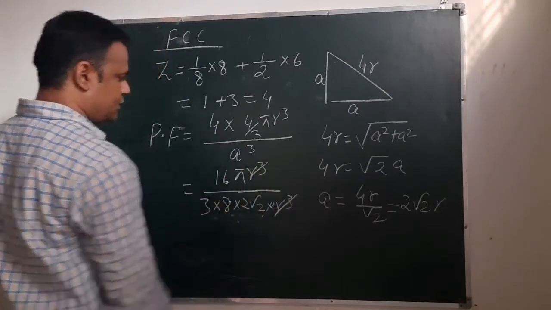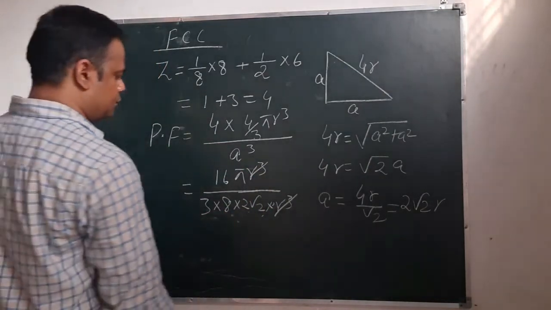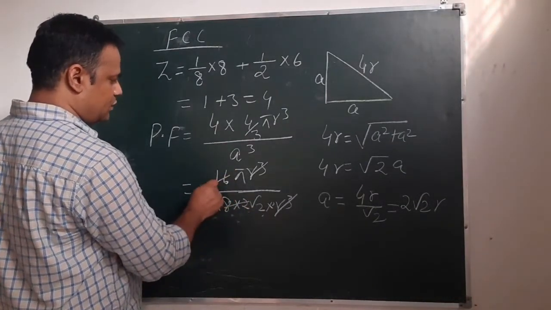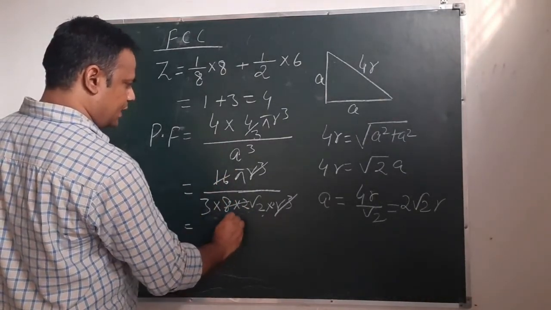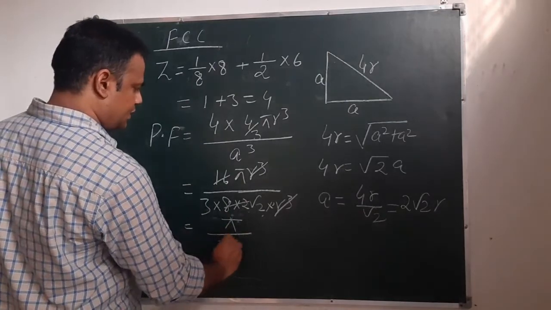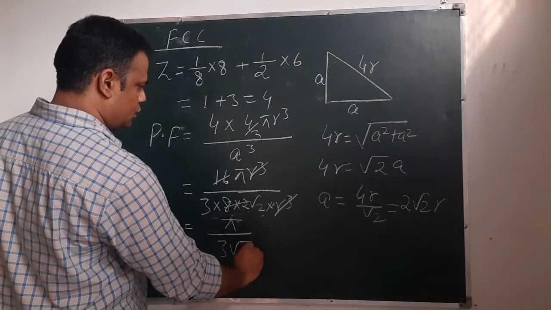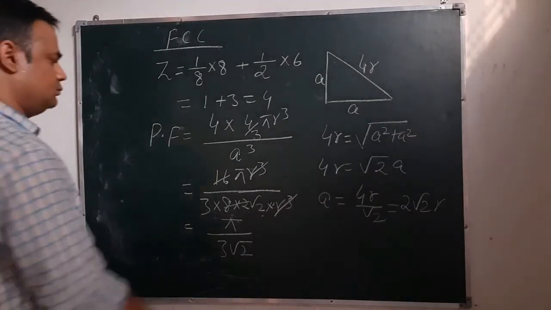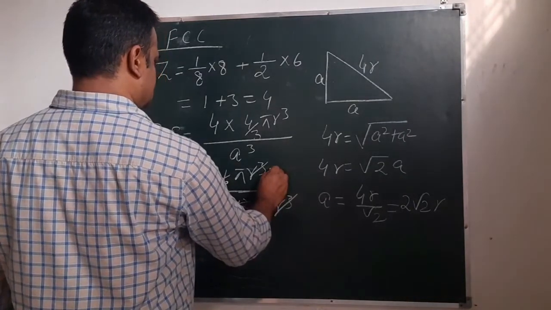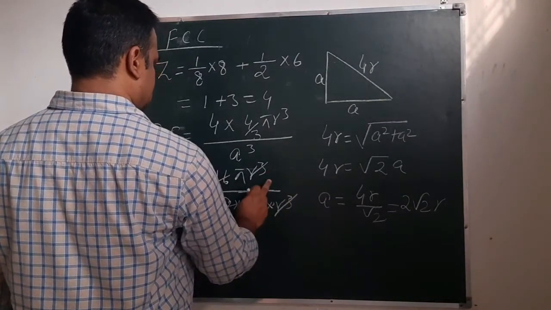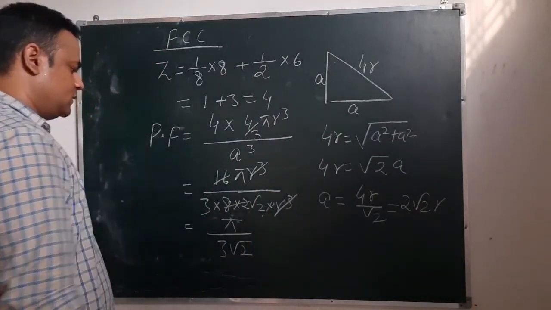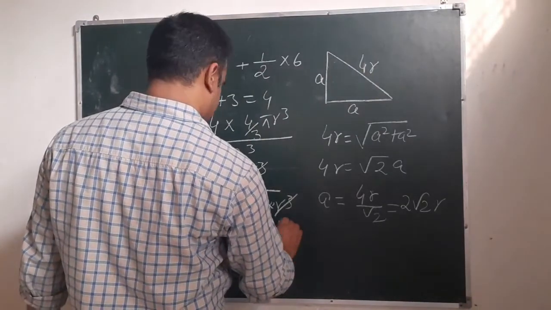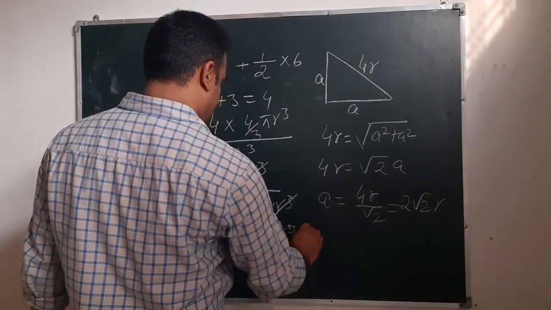So here R cube will cancel out, and 16 will cancel out here. So we will have pi by 3 root 2, and if we calculate this value, we will get approximately 0.74.